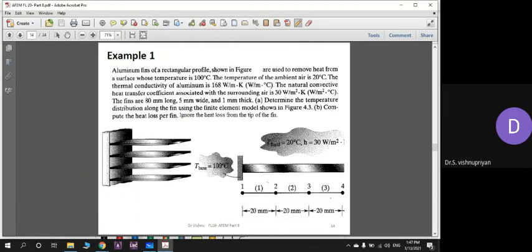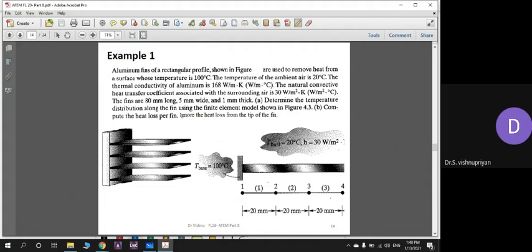Let us see this example. Here, aluminum fins of rectangular profile are shown in the figure. Rectangular profile means the cross section is a rectangle. They are used to remove heat from a surface whose temperature is 100 degrees Celsius. That means the temperature of this surface here is 100 degrees Celsius. The temperature of the ambient air is 20 degrees. The air surrounding this surface is 20 degrees.